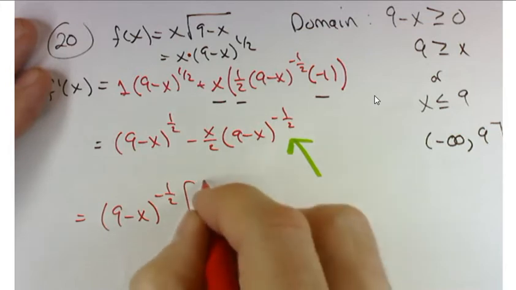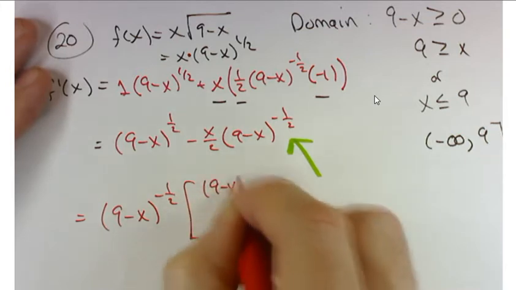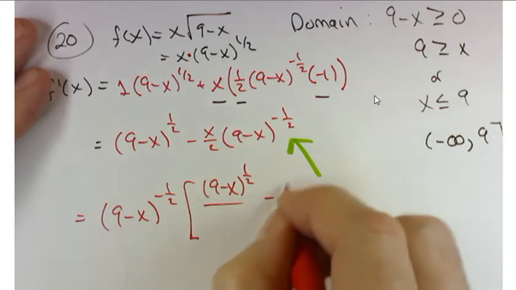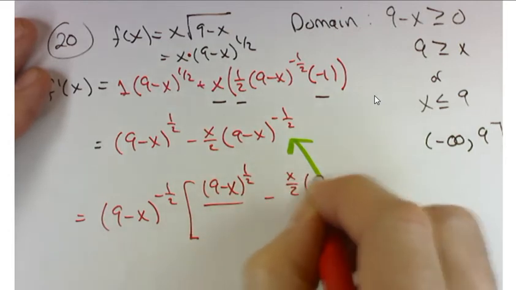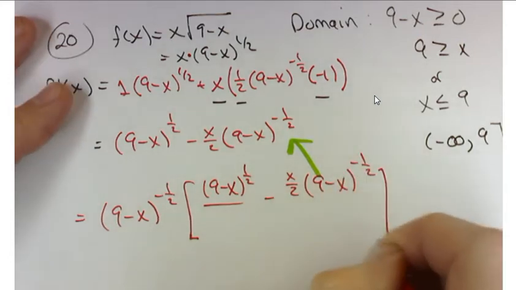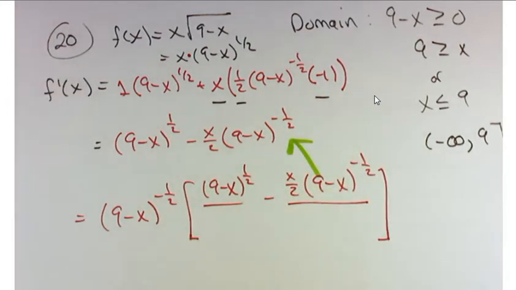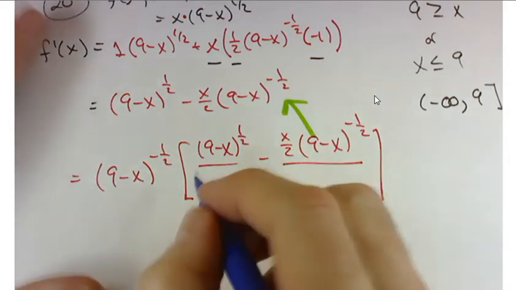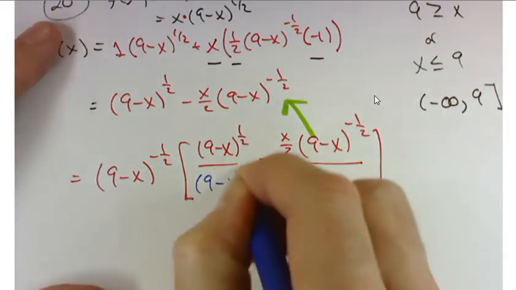Now what that means is that each of these terms is going to get divided by that 9 minus x to the negative 1/2. So 9 minus x to the minus 1/2.